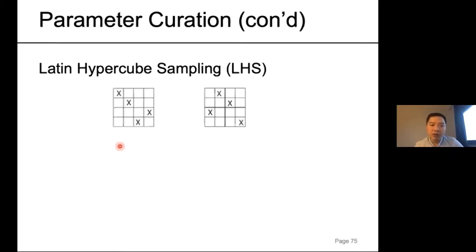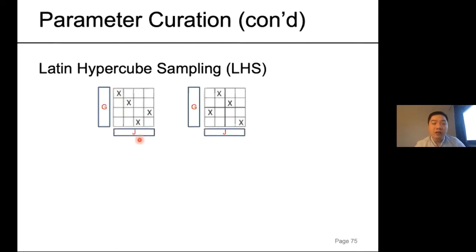We then employ the LHS method to guarantee the size ranges of the base dimensions are fully represented. So for example, for a two-dimensional space, we bucket the graph values into 4 size ranges, and we also bucket the size range of JSON into 4 buckets, and then we can sample the values with non-overlapping segments to feed to our parameters.